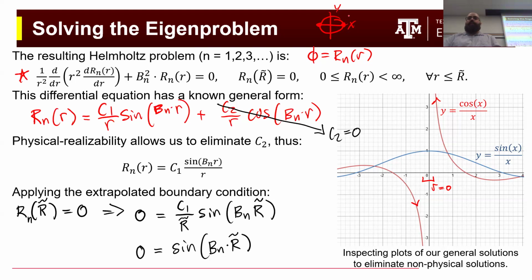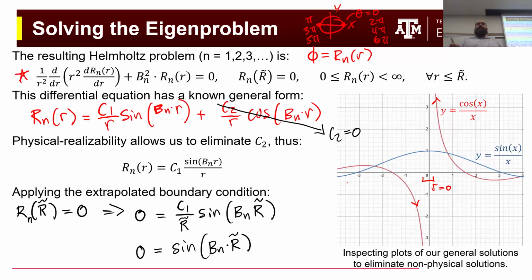That's like theta equals 0. This would be like theta equals pi. And then I could come back around, and so this could also be 2 pi. And I could keep going around the circle a bunch of times. So this could also be 3 pi and 4 pi and 5 pi and 6 pi.